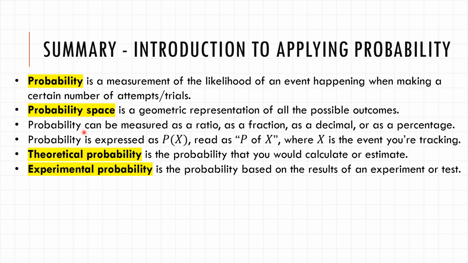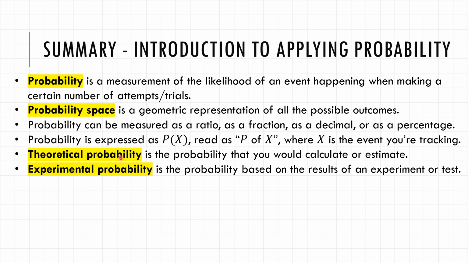And we express it as P of x. Usually you're used to this being multiplication, when there are brackets and variables, but this is not multiplication. P of x means the probability of x, where x is the event that we're tracking. So in our experiment today, we tried to find P of 2. What is the probability of getting a 2?